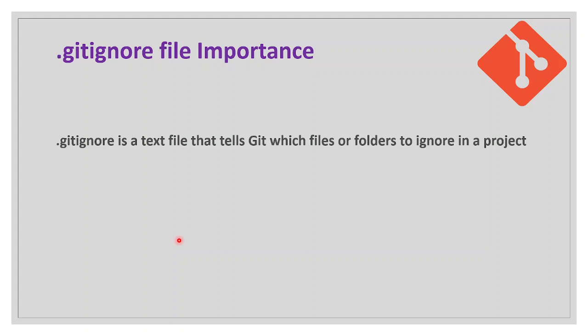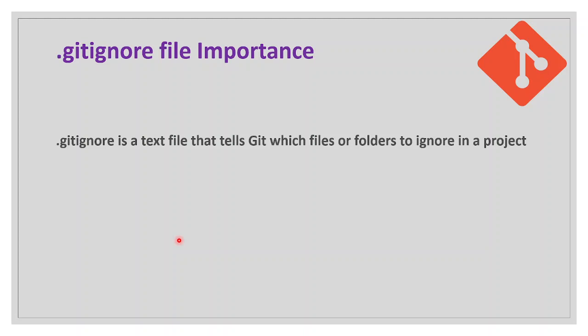We should not push our target folders, where we have jar files. The build related files we need to ignore, like the compiler related files. Whenever a Java file compiles, you will get the dot class files. Those should not be part of our repository. So in those cases, we need to ignore some of the files while committing to the local repository or a remote repository.